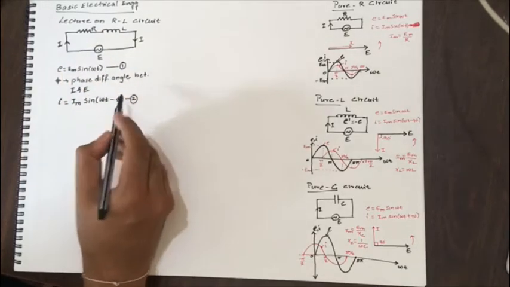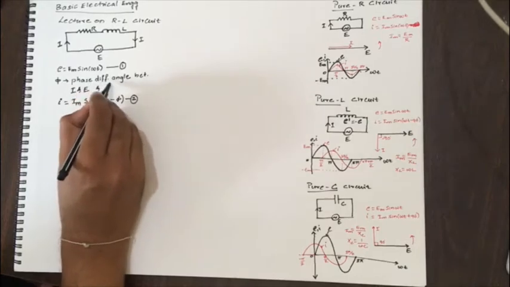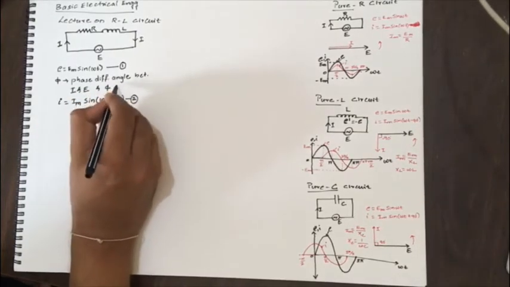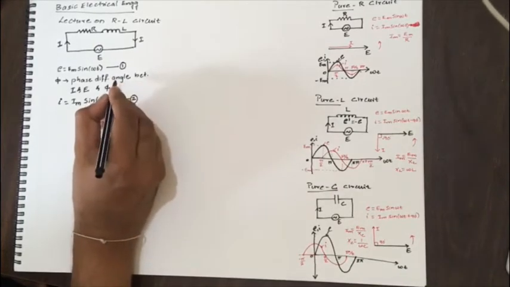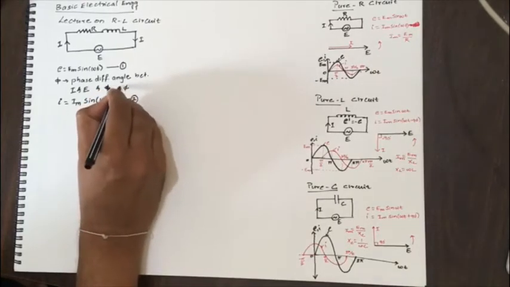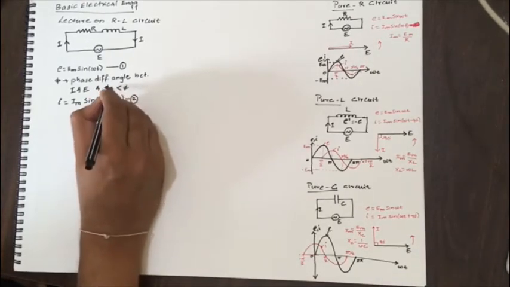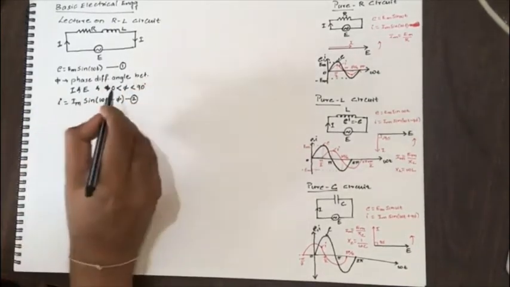So this phi is the phase difference angle between I and E, and I can write phi is greater than 0 and less than 90 degrees.